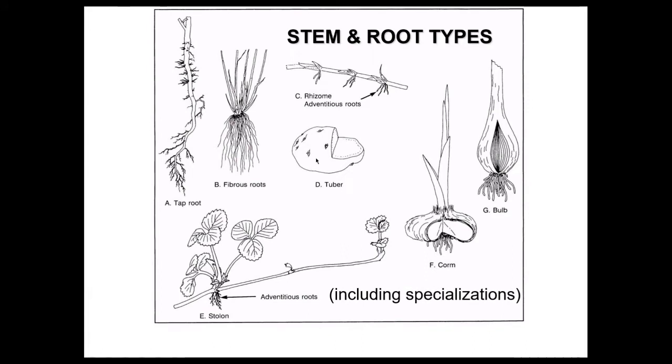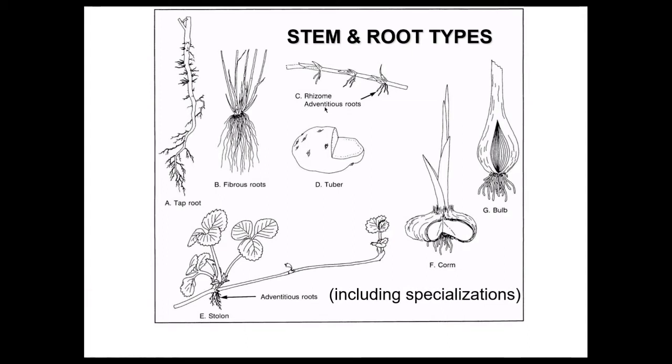specialized stem is like an Irish potato. And I do have another slide of it in about 2 or 3 over, with a little more detail. But now let's distinguish between two things that get confused: a stem type known as a rhizome and a stem type known as a stolon.